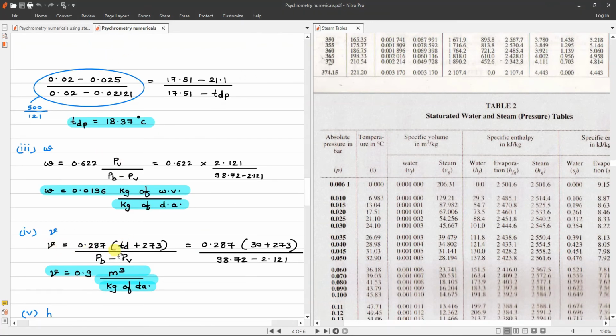Okay, so I have written the equation 0.287 into, in bracket, TD is 30 plus 273 divided by PB in kilopascal 98.72 minus PV 2.121. So from here I can calculate specific volume v is equal to 0.9 meter cube per kg of dry air.